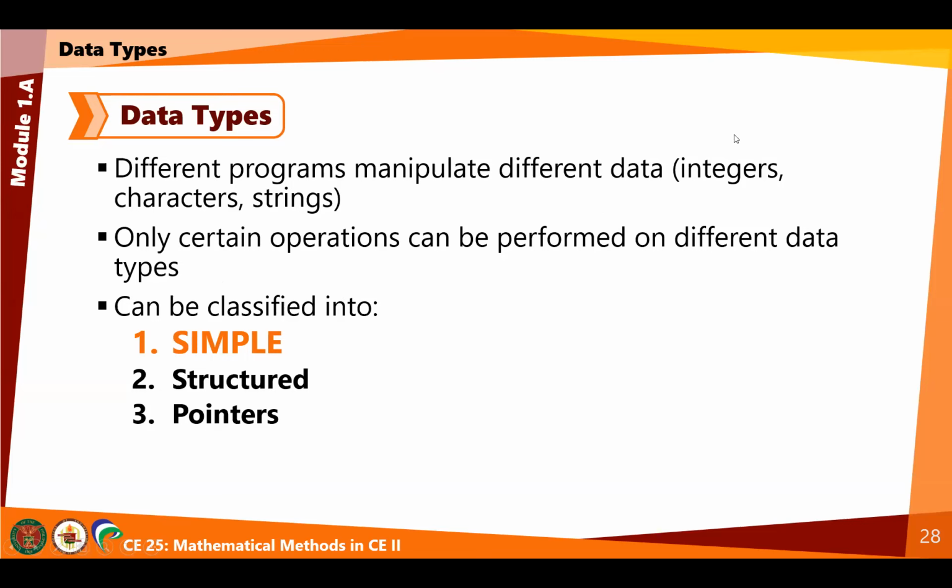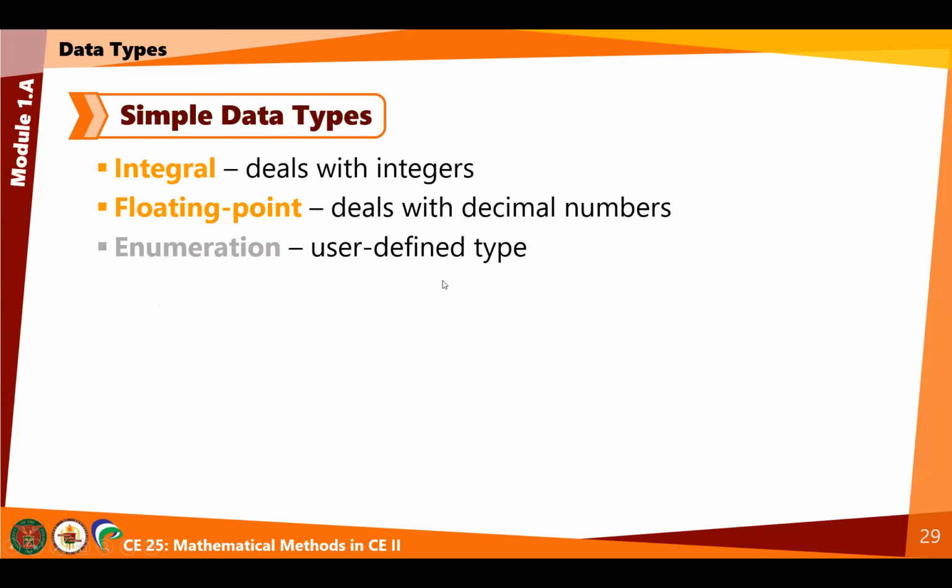You have seen integers, characters, and strings. So let's see how to make data types or assign data types. So we're just focusing on simple data types for now. Okay? Yung structured and pointers maybe in the later part of the sem.